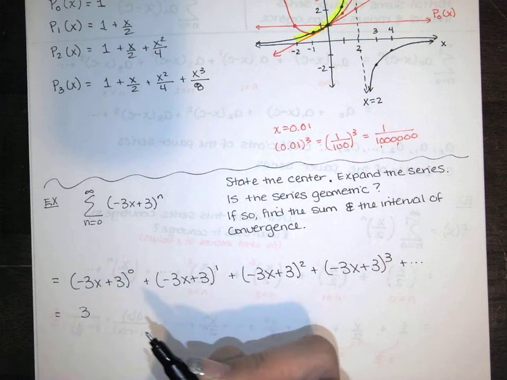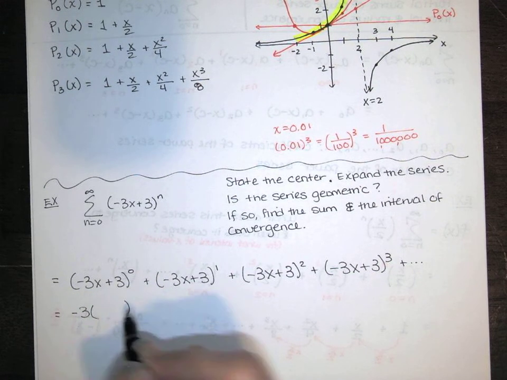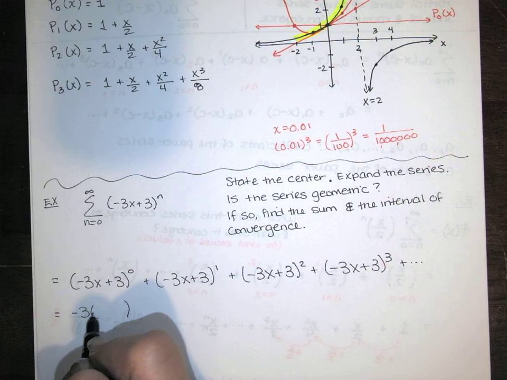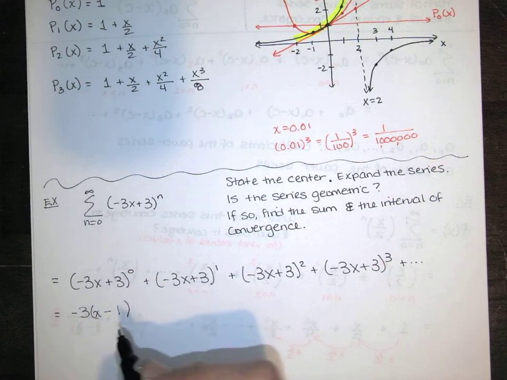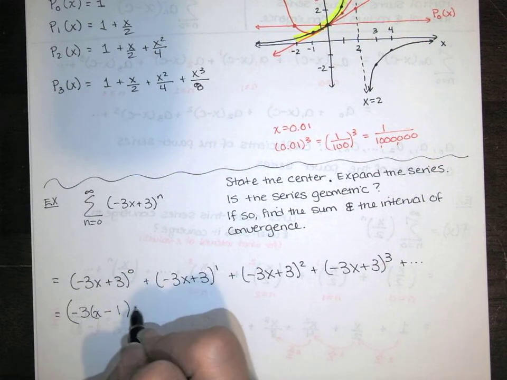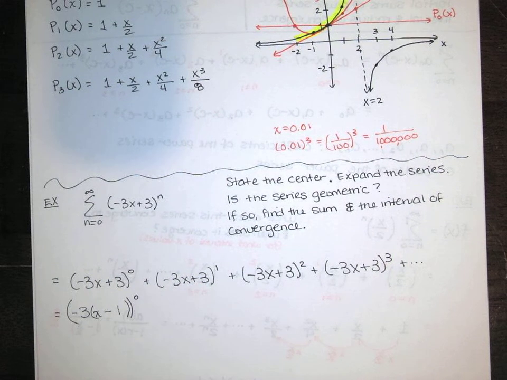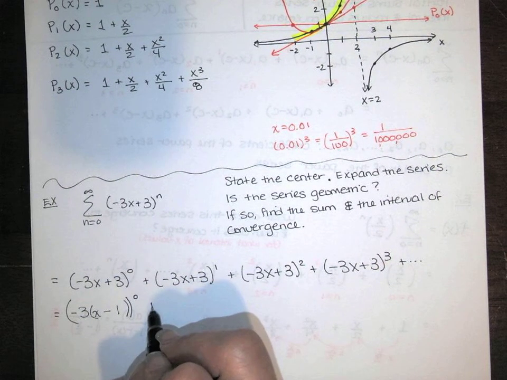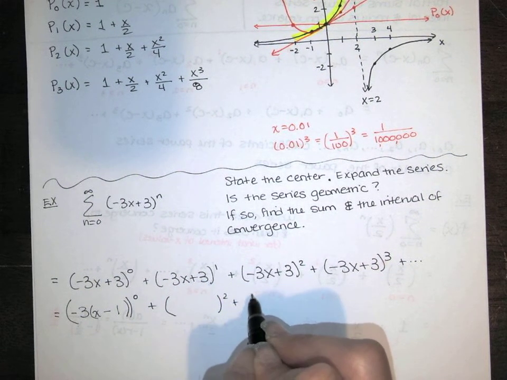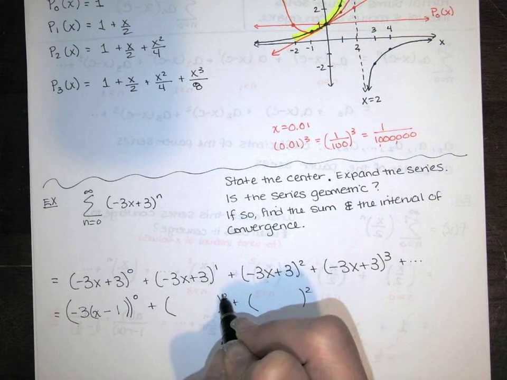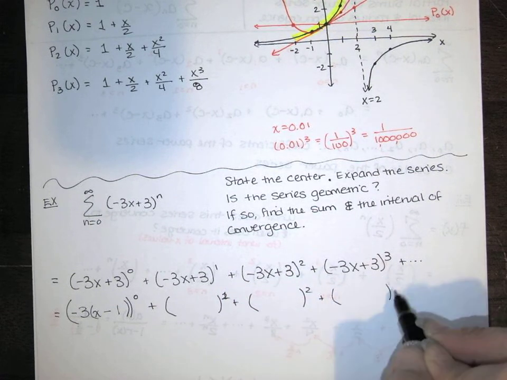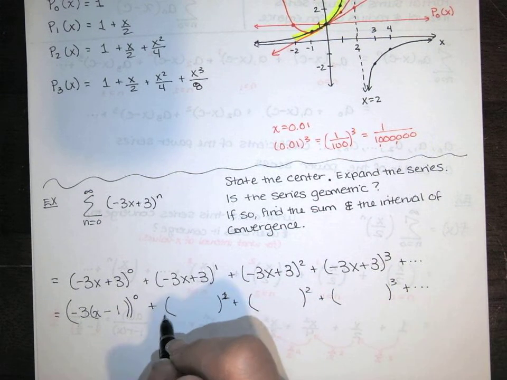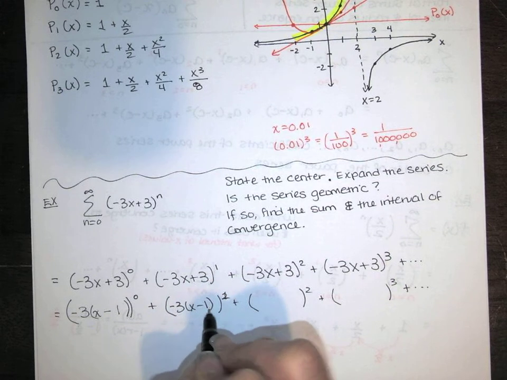Let's factor out the negative 3. So this is negative 3 times x would give me the first term, and negative 3 times negative 1 would give me the positive 3. And all of that's being raised to the 0. And that is the same as all of these. Inside of all of those parentheses, oops, that should be a 1, I can replace that expression inside by a negative 3 times x minus 1.